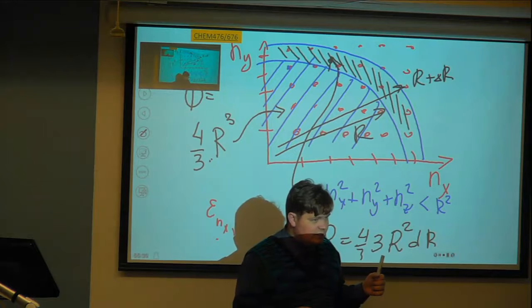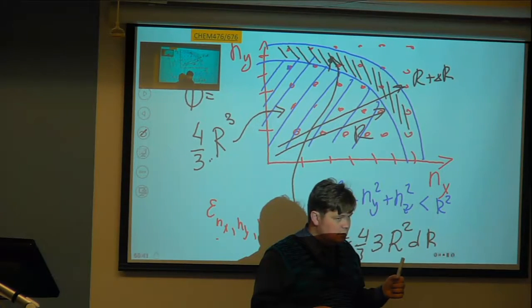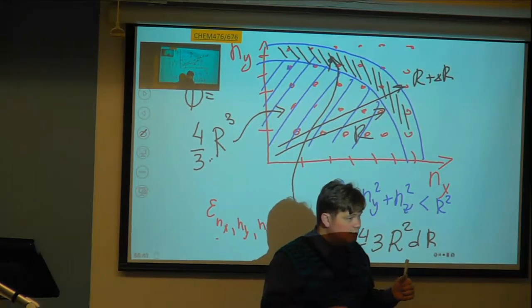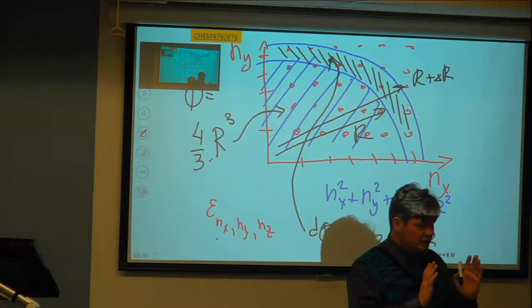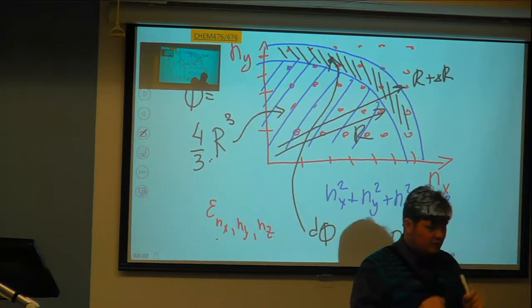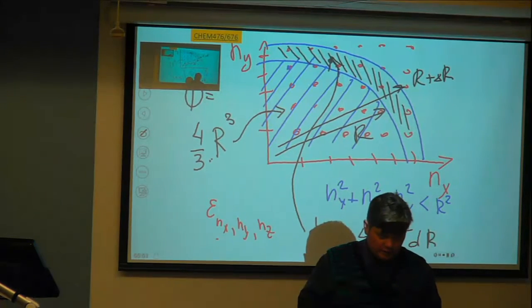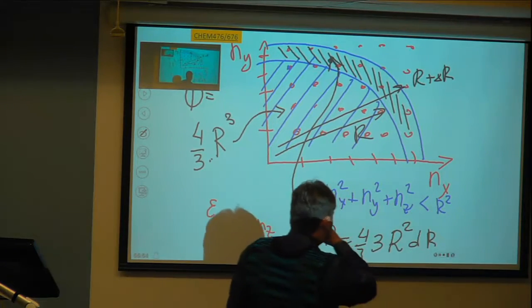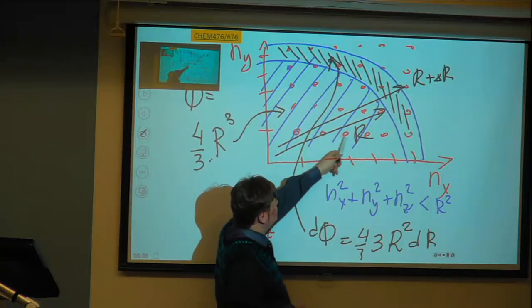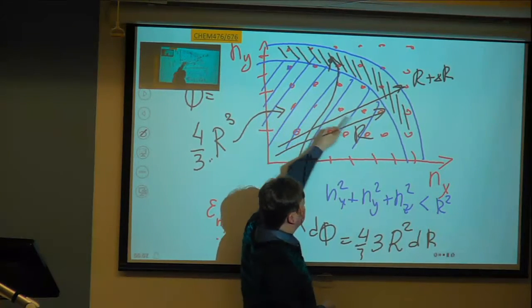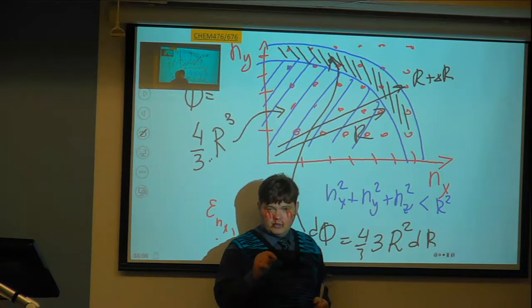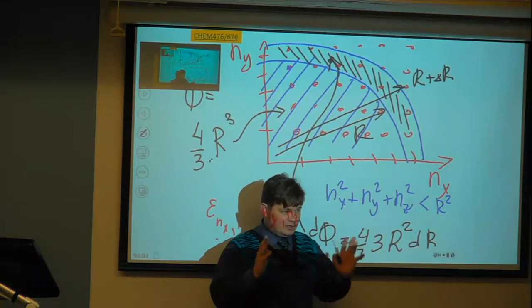Why are they discrete? Because a particle in the box is quantized. Only specific values of quantum numbers are allowed, right? Make sense? So we just equally fill the space with these quantum numbers. Each point means a state of a particle in a three-dimensional box.